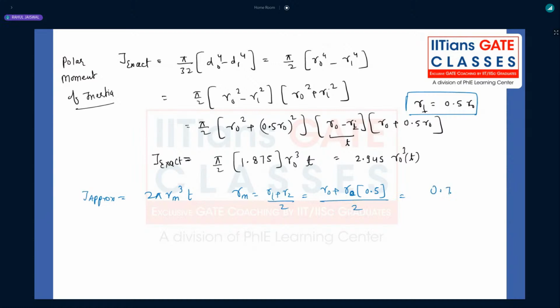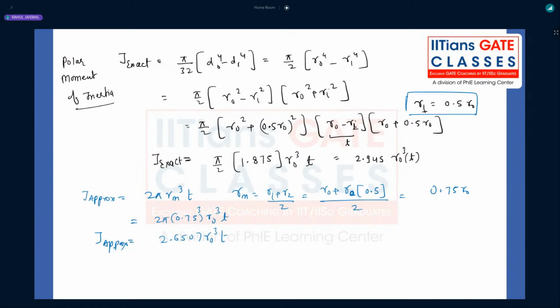So that is 0.75 times R0. So if we write 2 pi times 0.75 R0 cube into t, this can be written as 2.6507 R0 cube into t. This is J approx.